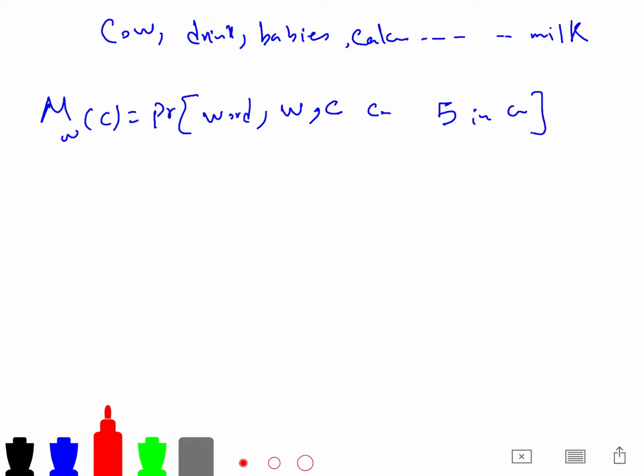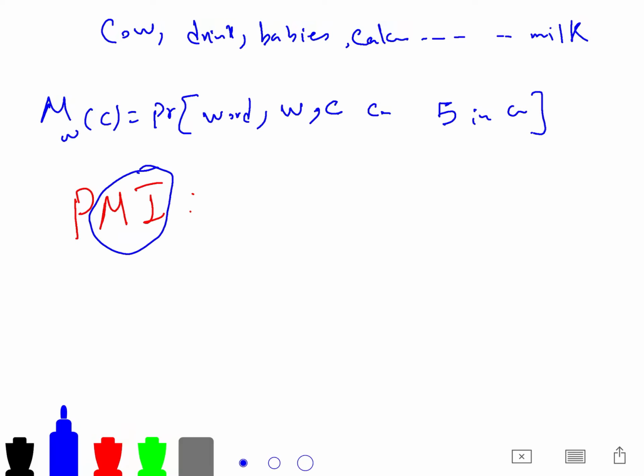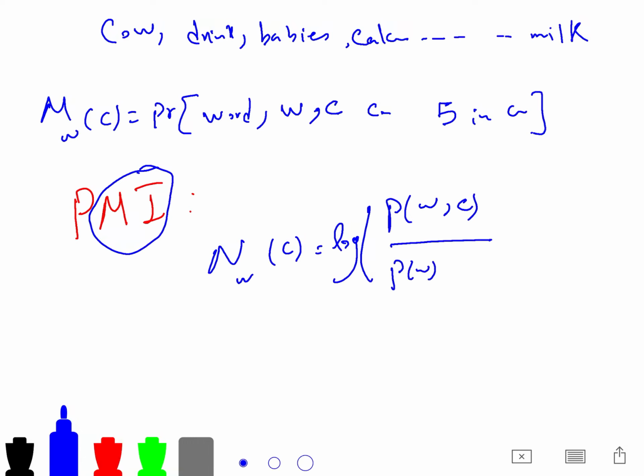But a better measure is pointwise mutual information. I've used mutual information in several articles, and I really enjoy the concept of mutual information and information theory, because again it's another way to find ambiguity. So pointwise mutual information, PMI of w and c, is the log of P of w and c over P of w times P of c.